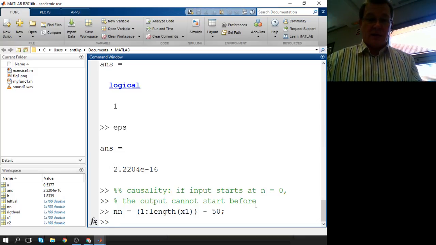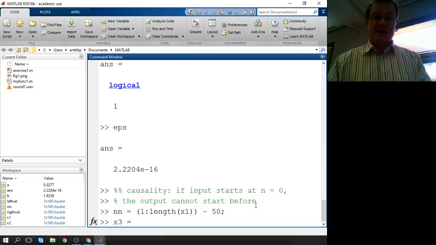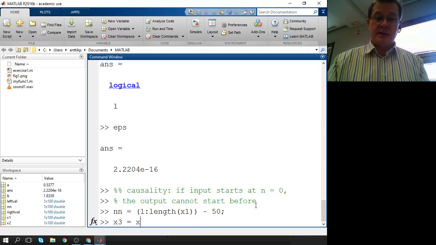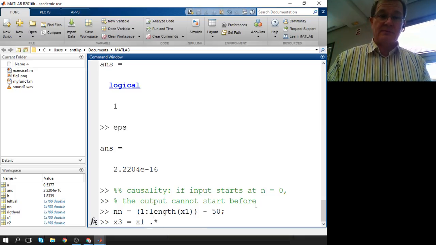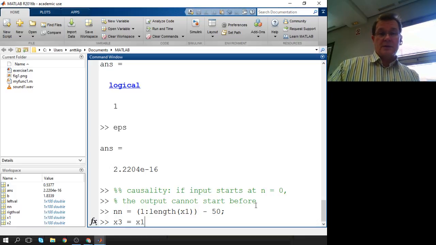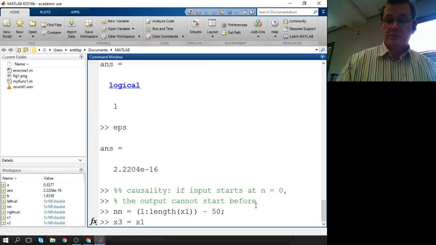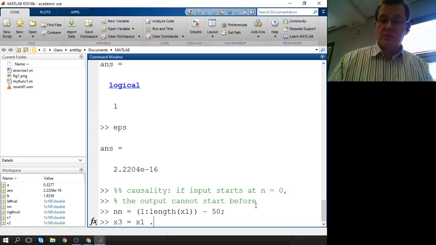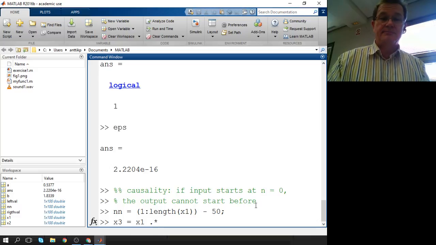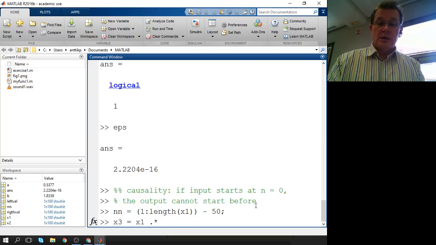Then I will make my x3, which is simply x1 dot times, well, yeah, I'll do some funny stuff. Oh, wait a minute. I can also do it. No, I'm not doing it that way. So dot times n greater than or equal to 0.